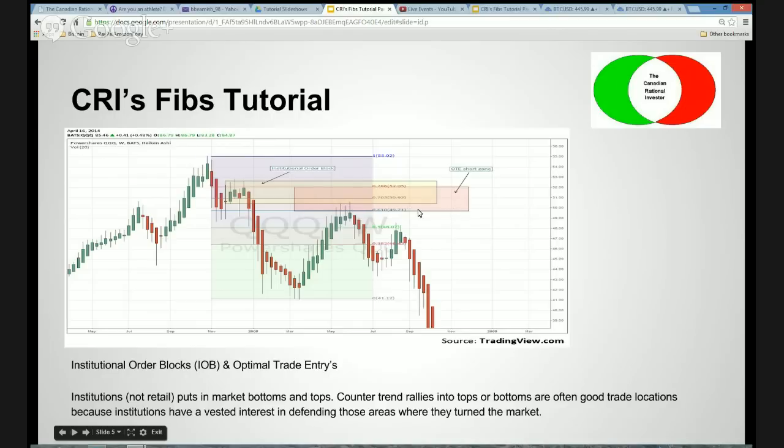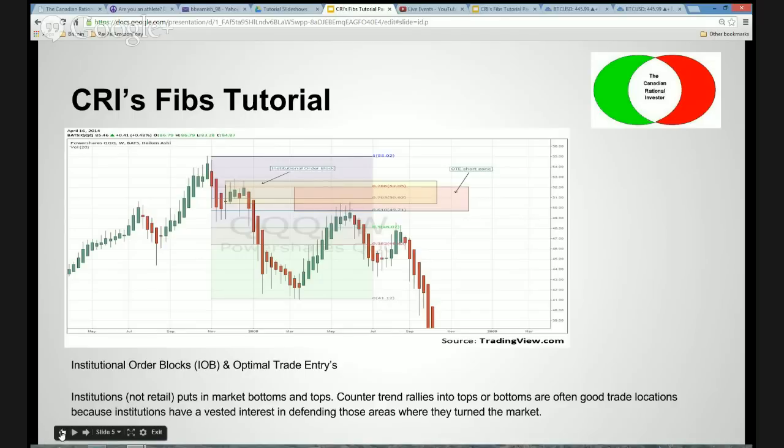So if you're using fibs, it's a great idea to incorporate this OTE concept into your trading, and then couple it with, okay, where was that previous top? In this example, it's a bear market. So where was that previous top, and does it happen to line up with OTE levels? I mean, this is called the optimal trade entry zone. Well, not a coincidence. If you got the opportunity to short against these highs, that would be an optimal trade entry.